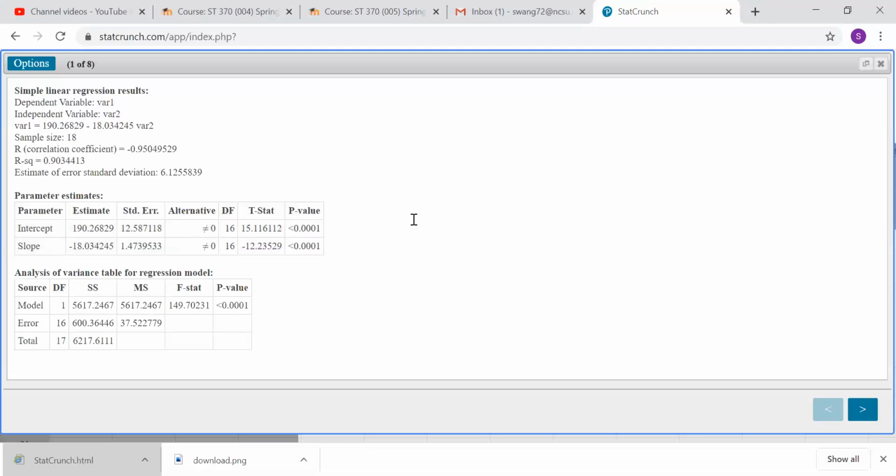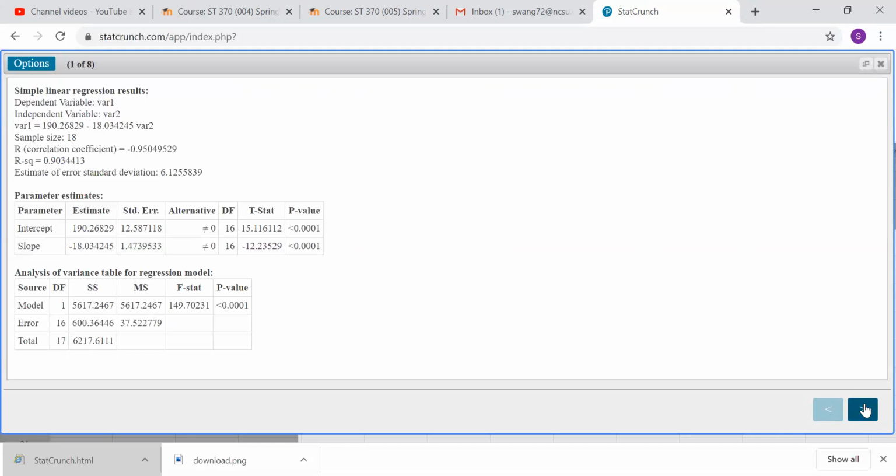But right now, for this course, you just need to know that for this model, the intercept is 190 and the slope is negative 18. So the fitted regression line would be y hat equals 190 minus 18x.